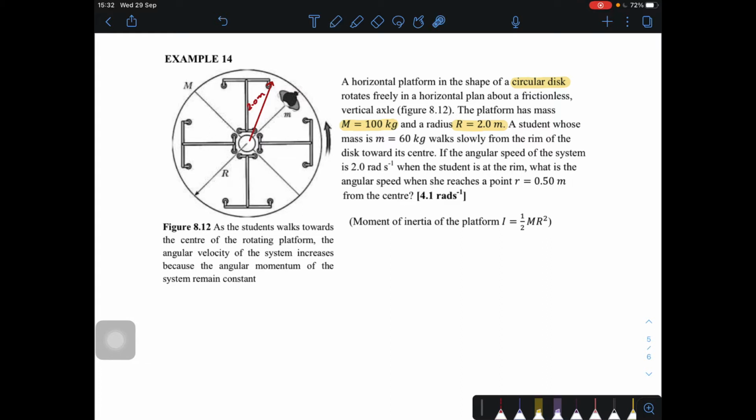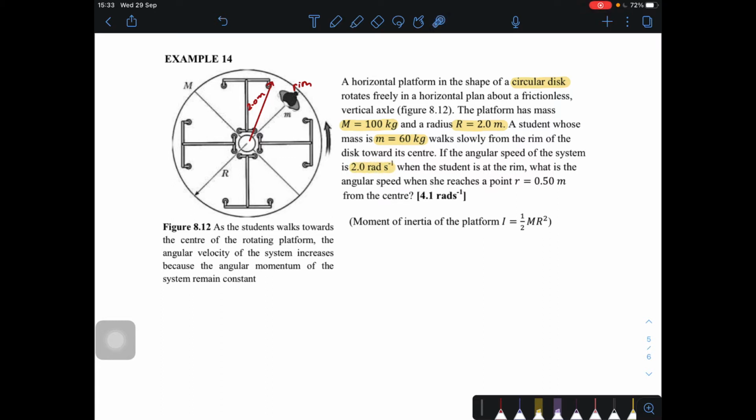And then the student here with mass 60 kg walks slowly from the rim towards the center of the platform. So initially dia dekat sini lah. It is at the rim and then they walk slowly towards the center. So apabila dia berada dekat point ni, the angular speed is 2 radian per second.